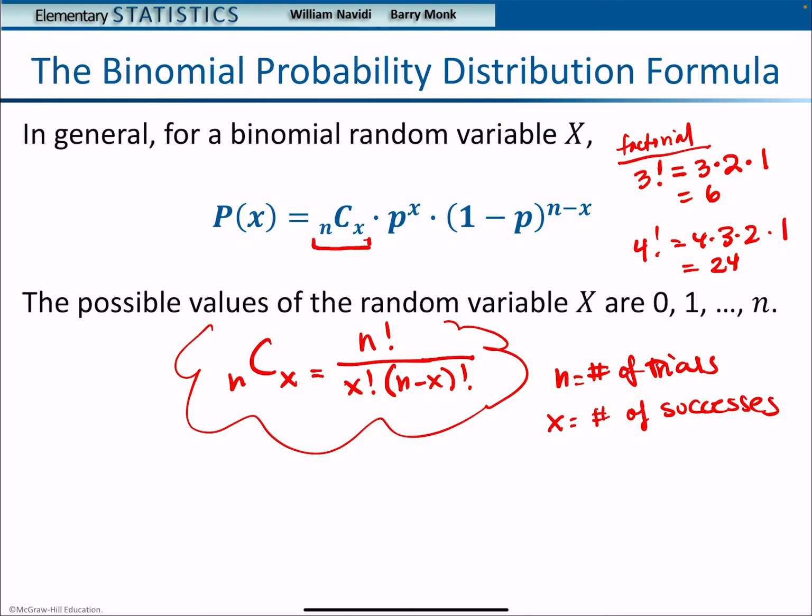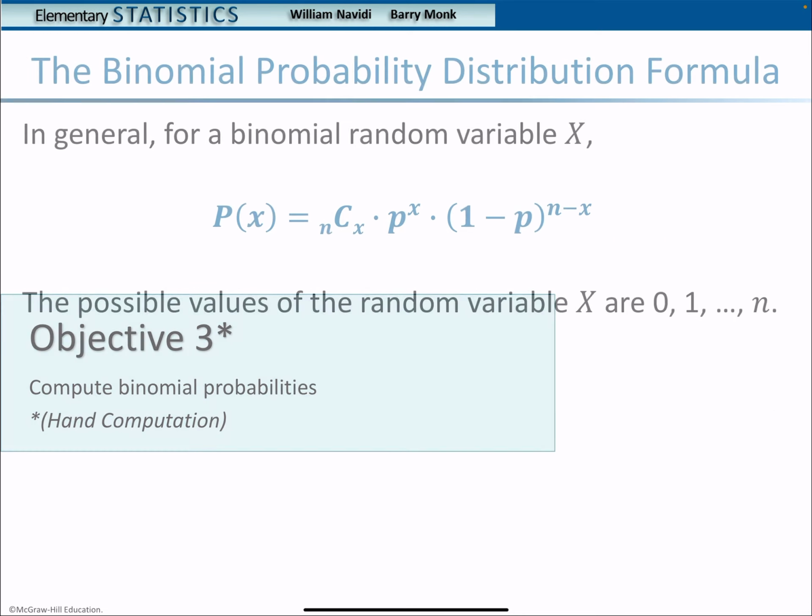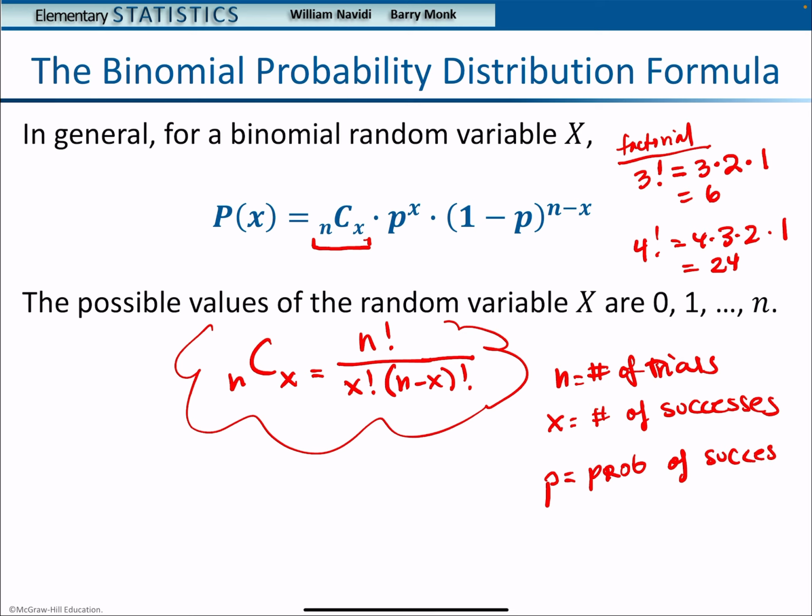And n factorial, factorial is just multiply that number by the one before it, and the one before it, till you reach the number 1. And again, little p represents the probability of success, and then q, or 1 minus p, is probability of failure.